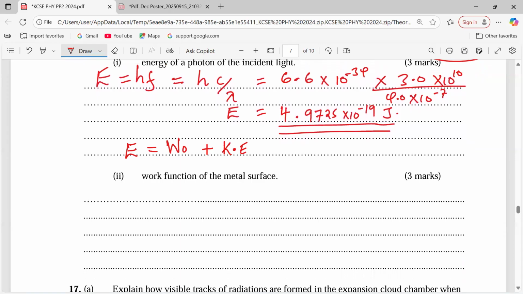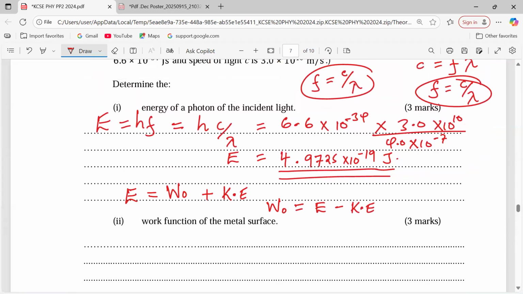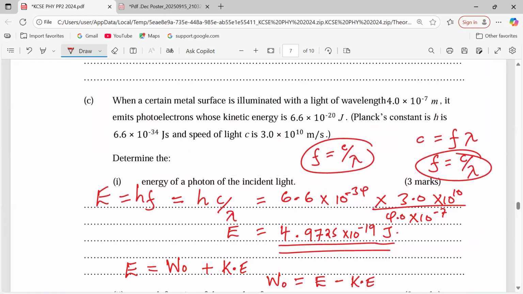Therefore, work function can be obtained by total energy minus the kinetic energy with which the electrons flow. Kinetic energy is given here, right?